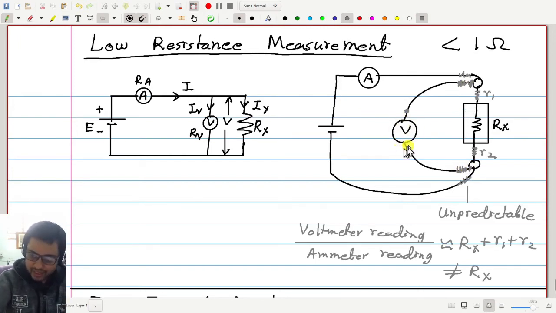That is true. However, acha, now how much is this drop from here to here?